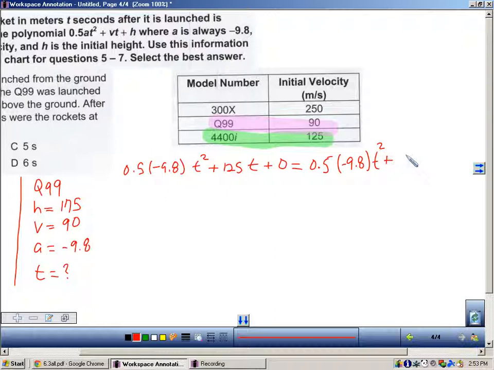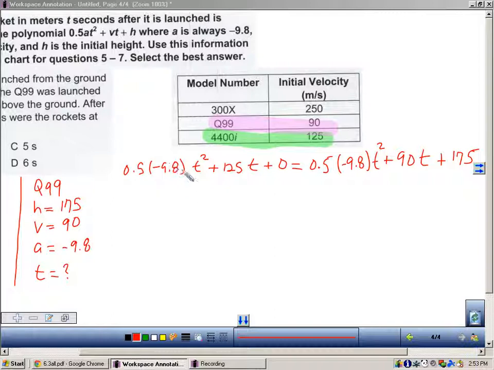Velocity is 90. Starting height is 175. And so we've got the height on the left and right side, and they must equal each other. So let's solve for t and find out what time in seconds do the heights equal each other.